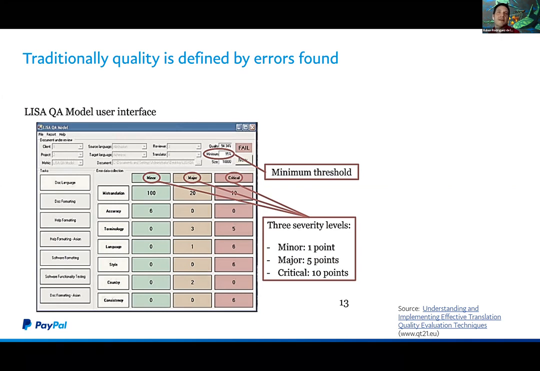These days you have more modern models like the TAUS Dynamic Quality Framework, and also MQM, the Multidimensional Quality Metrics. The principle is the same, though: just counting and categorizing errors.